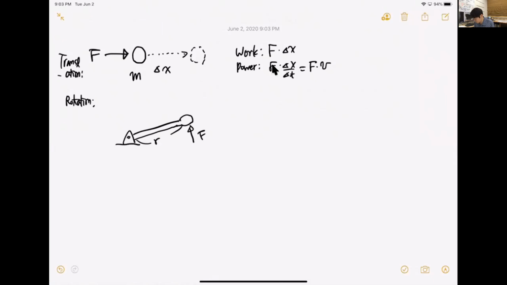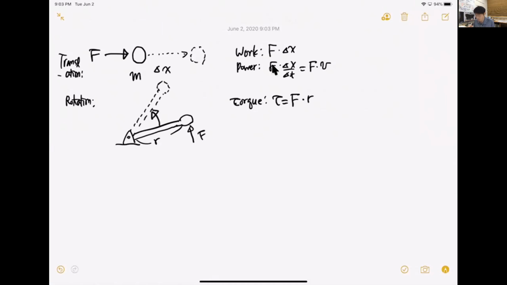It gives a torque. So that effort, as a torque tau, can be defined by F times R. And as a result, a rotation happens like this.